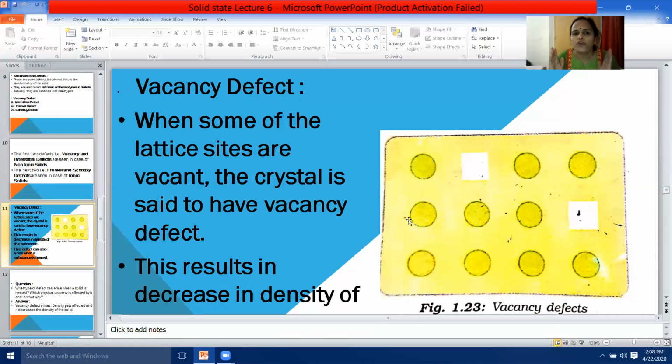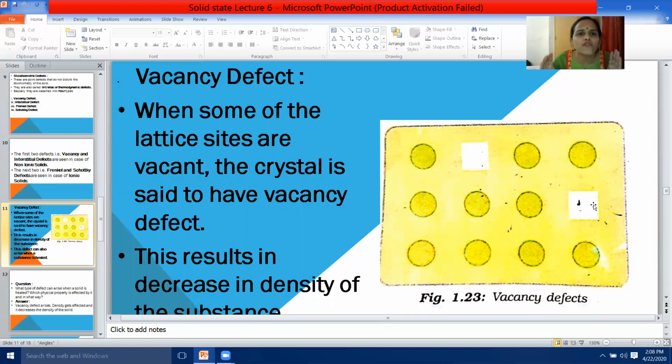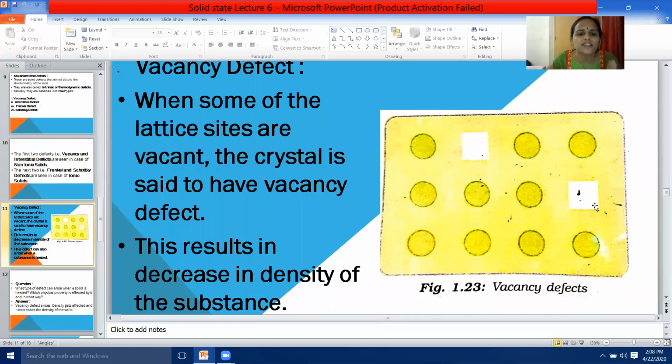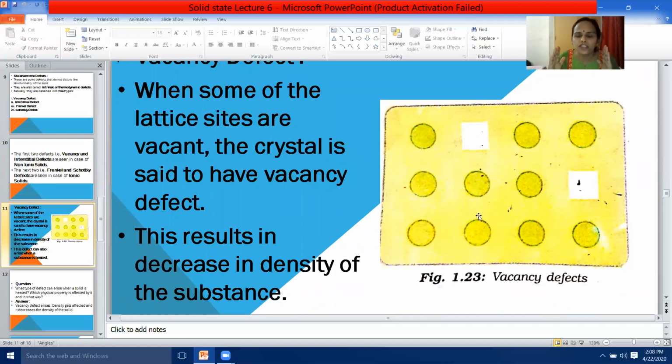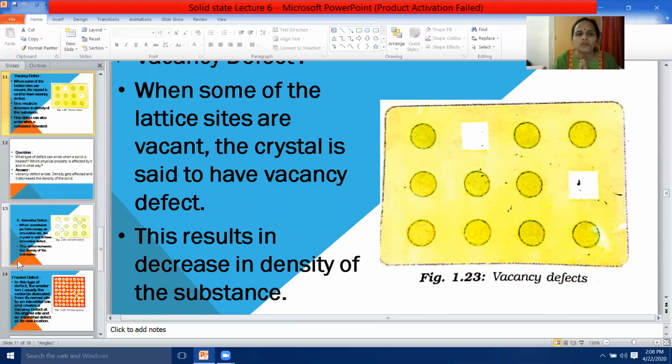When some lattice points are missing from their regular lattice site, this type of defect decreases the density of the substance.